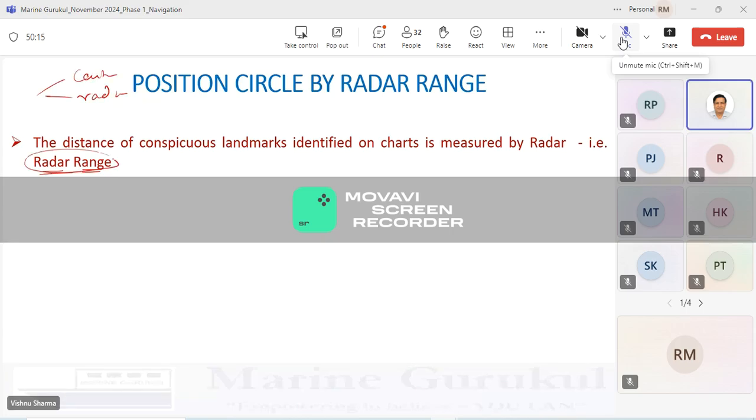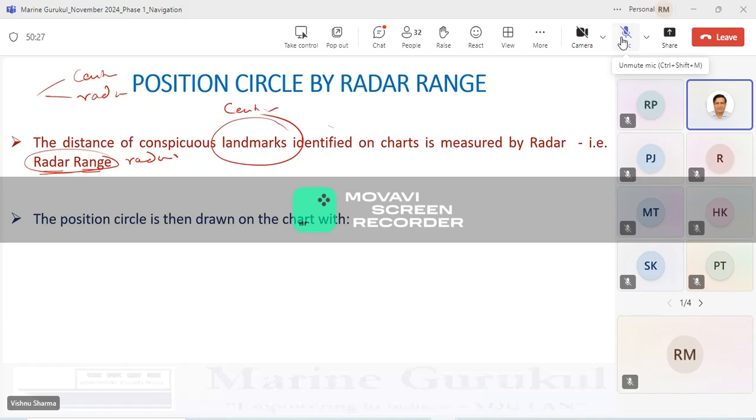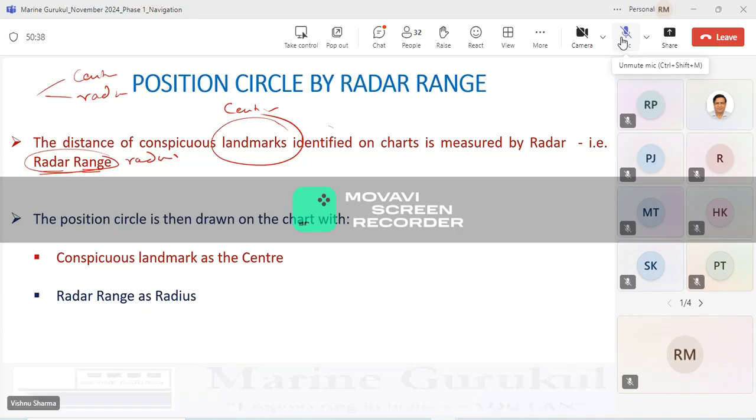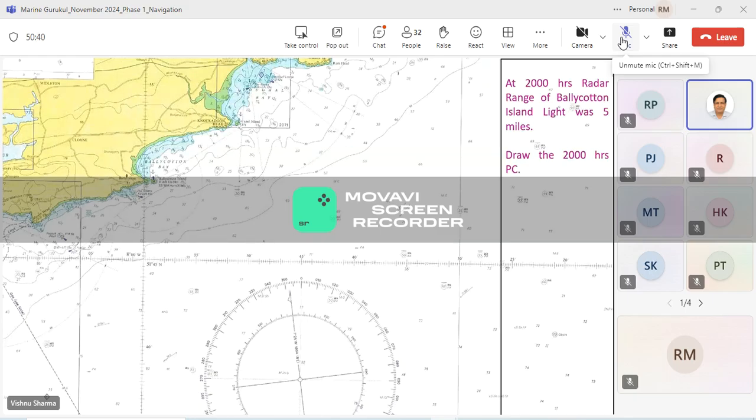This radar range becomes the radius, and the landmark whose distance you have taken is the center of the circle. So the position circle is then drawn on the chart with the conspicuous landmark as the center and radar range as its radius.